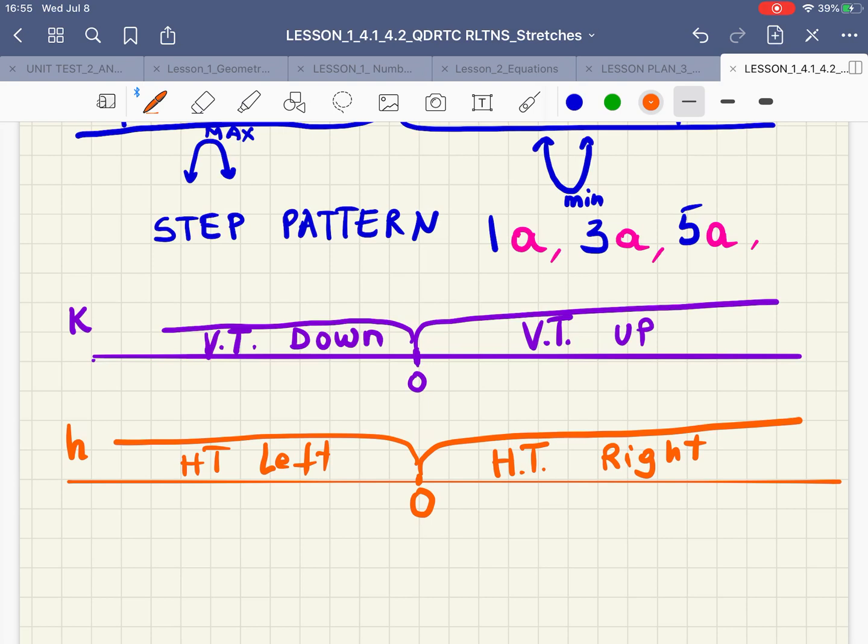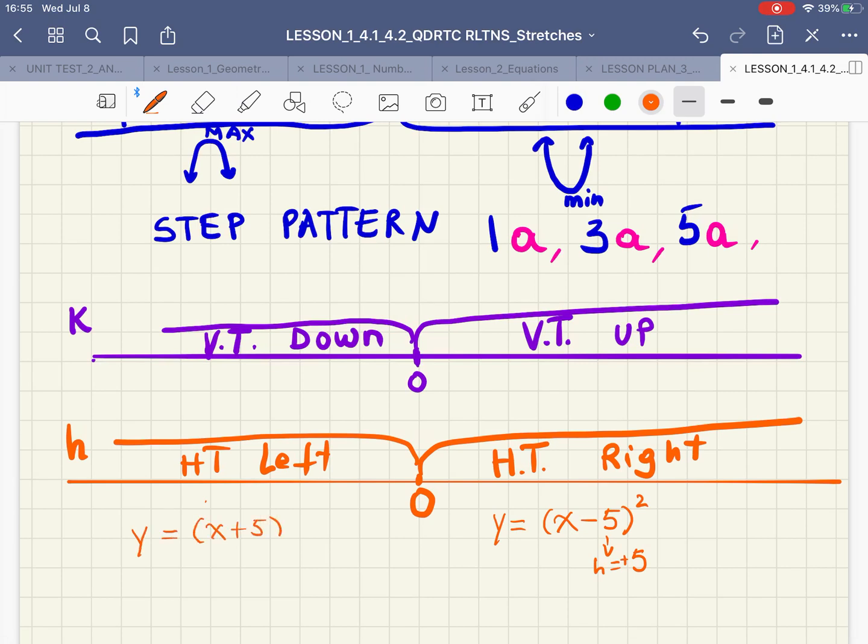So what do they look like? Because remember that it was a bit confusing with h. If h is positive, the equation of a parabola with a positive h will look like this. That means that h is positive 5, so the parabola will move 5 to the right.